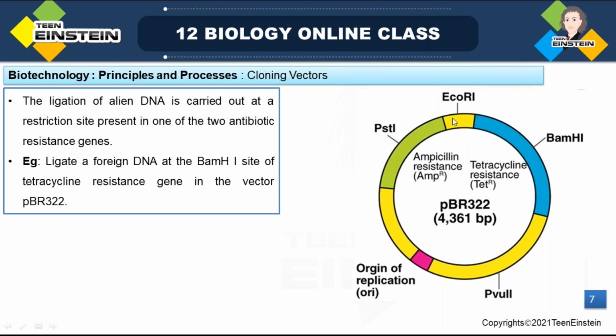At the site where the antibiotic resistance genes are present, there only it will join. The ligation or joining process of that DNA takes place at a restriction site present in any of the antibiotic resistance genes, right?